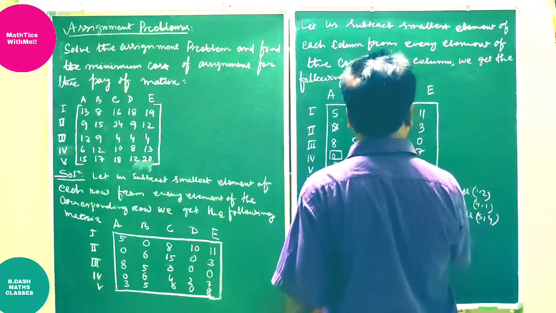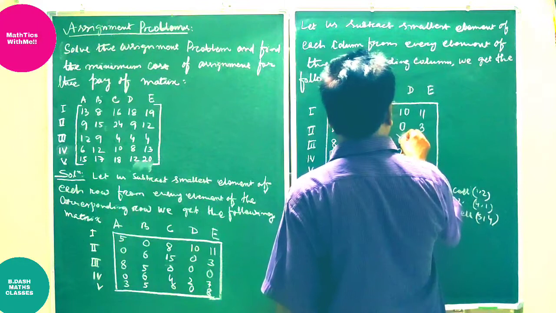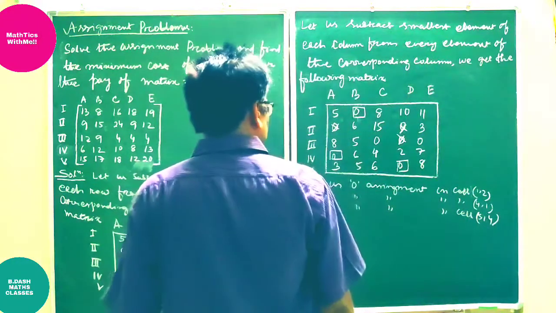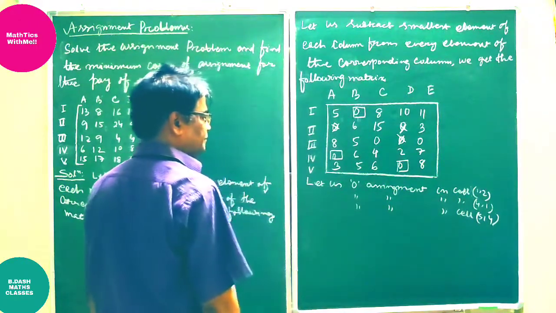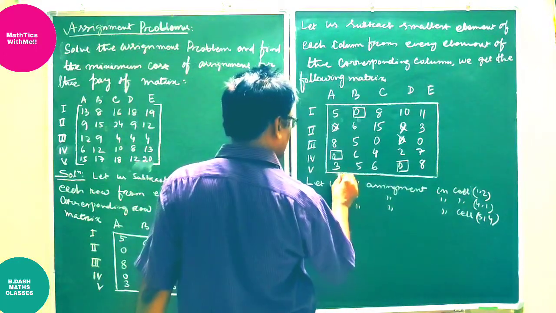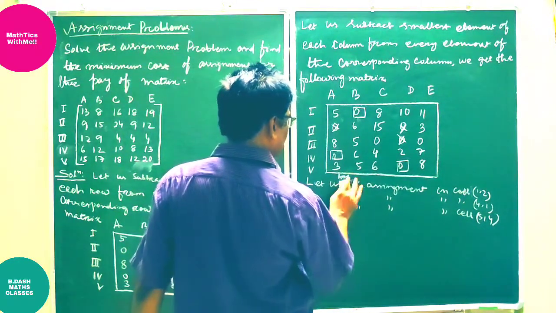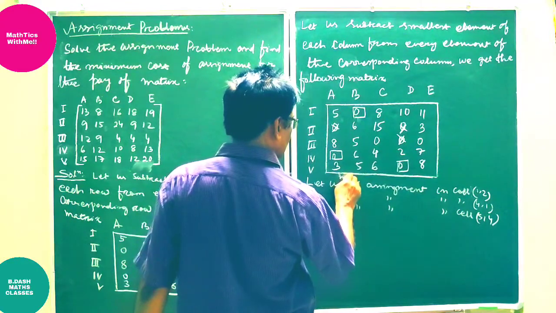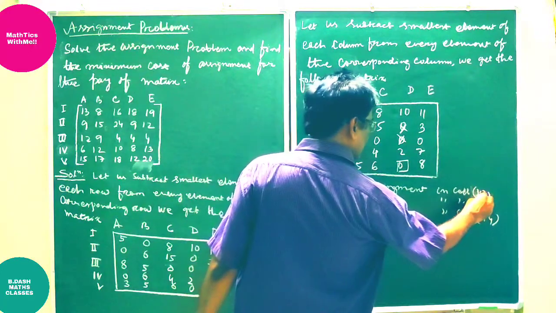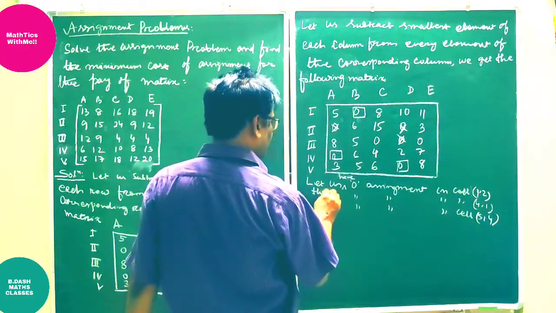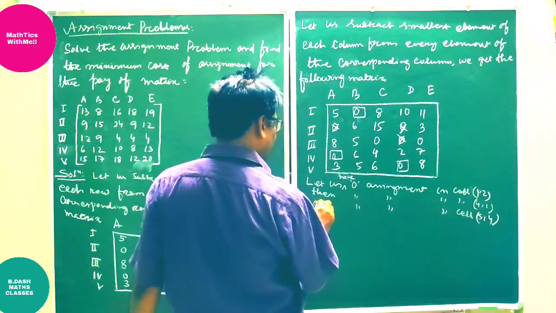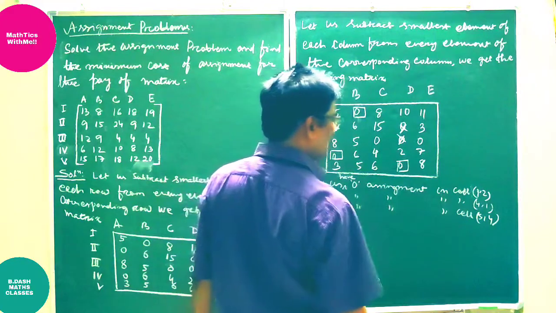So here we are having a zero assignment. So we have to cross the zeros in that column. So let us have zero assignment in cell 1, 2, then zero assignment in cell 4, 1 and zero assignment in cell 5, 4.